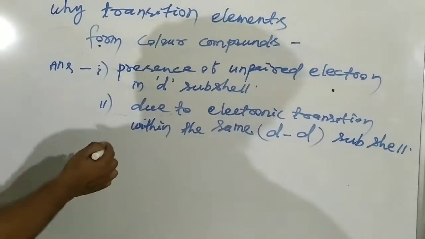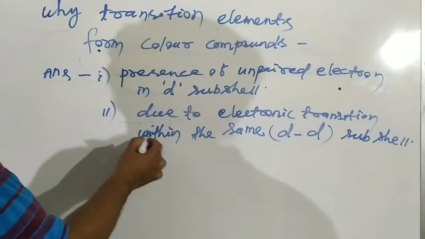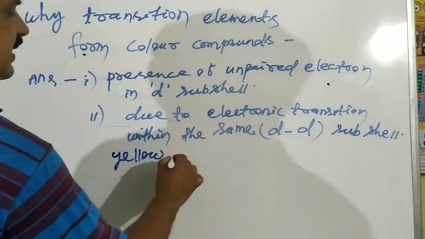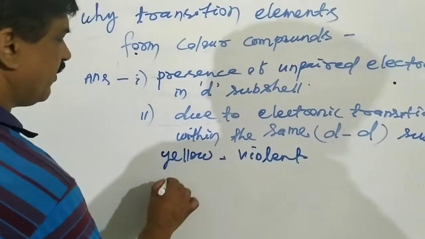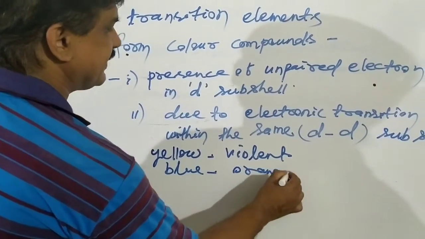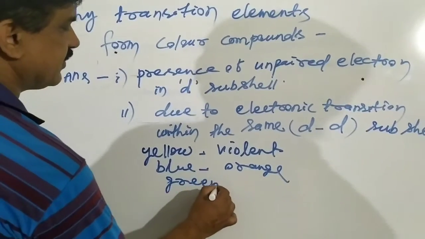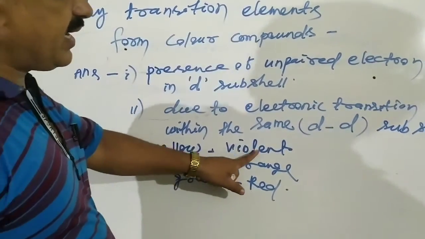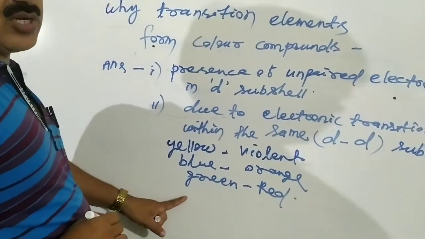In case of complementary colors, the complementary color of yellow is violet, blue is orange, and green is red. If it absorbs these colors, it will radiate these complementary colors. These are the absorbed colors.